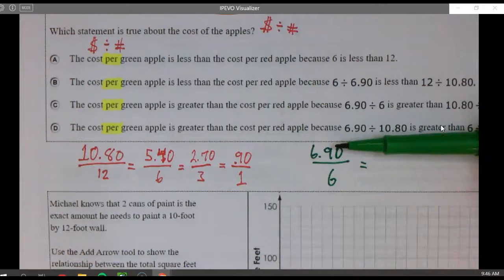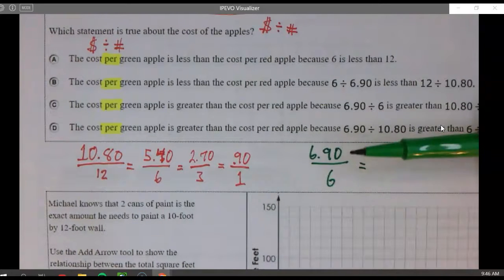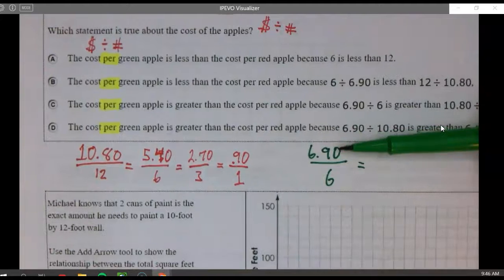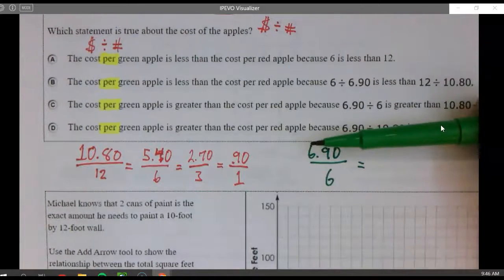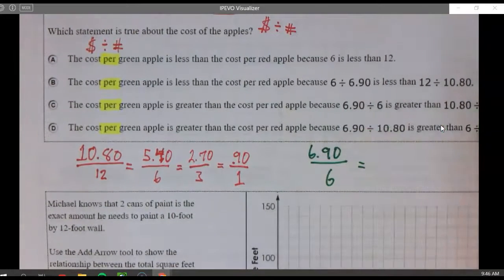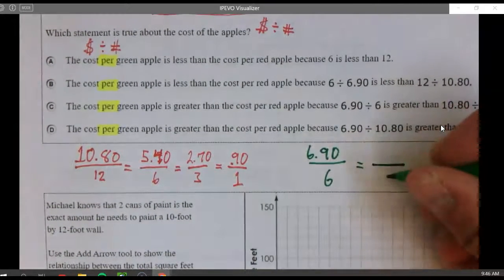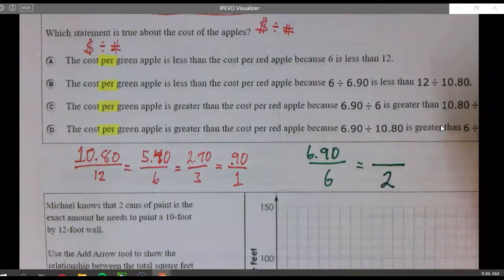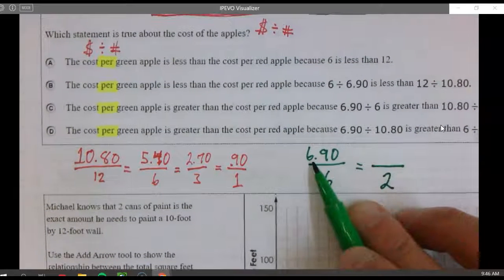Wait, no, it's not actually divisible by 6. It almost is. But it's divisible by 3. So I could at least divide by 3. Yeah, I can do 3.